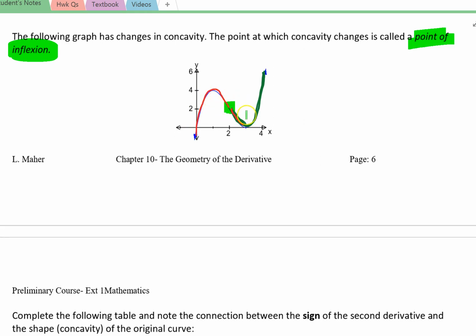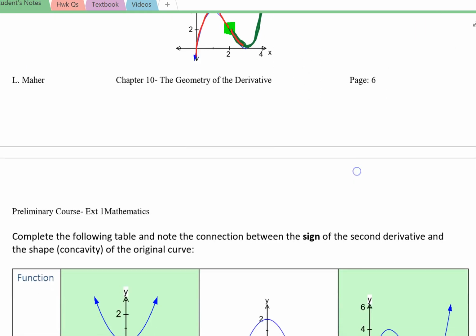And then you test a point just the other side of where you suspect there's a point of inflection. And if you check the point just to the other side and it's then concave up, you've had a change in concavity, from concavity being down to concavity being up. And you can conclude, without drawing your graph, that you've got a point of inflection.